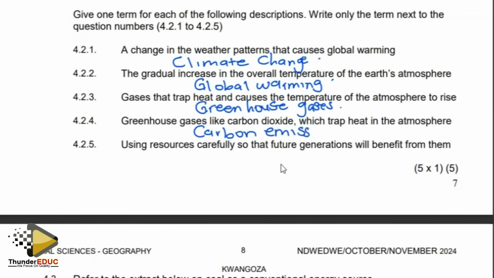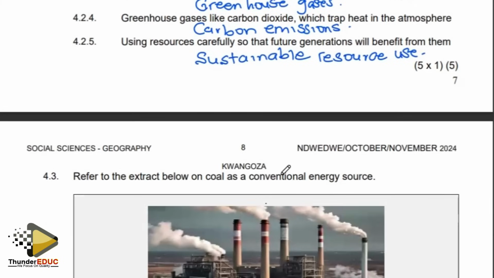Using resources carefully so that future generations will benefit from them is called sustainable resource use.